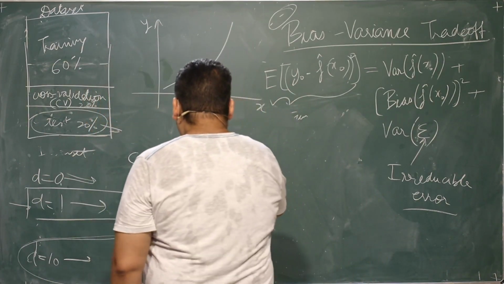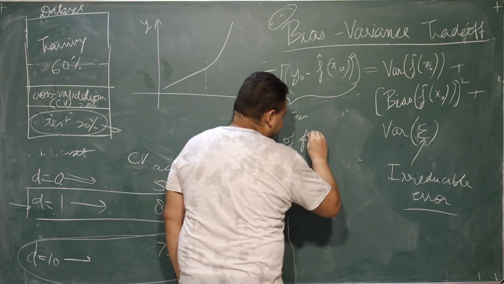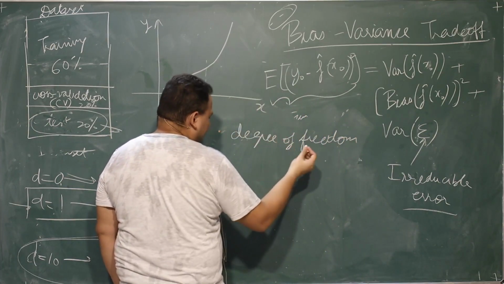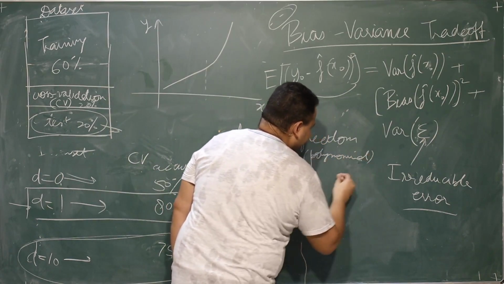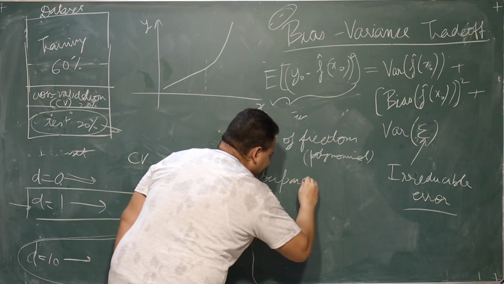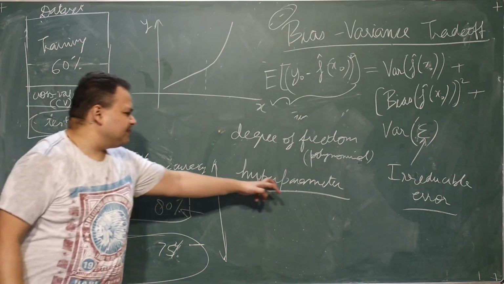So in this case, degree of freedom or the degree of the polynomial is what is called a hyperparameter.